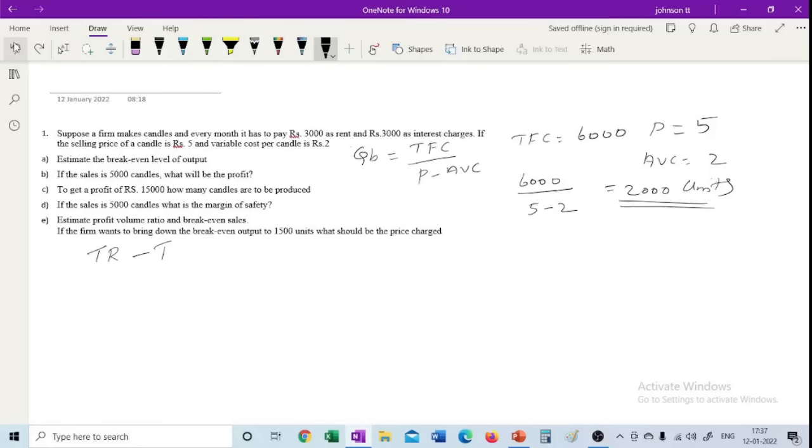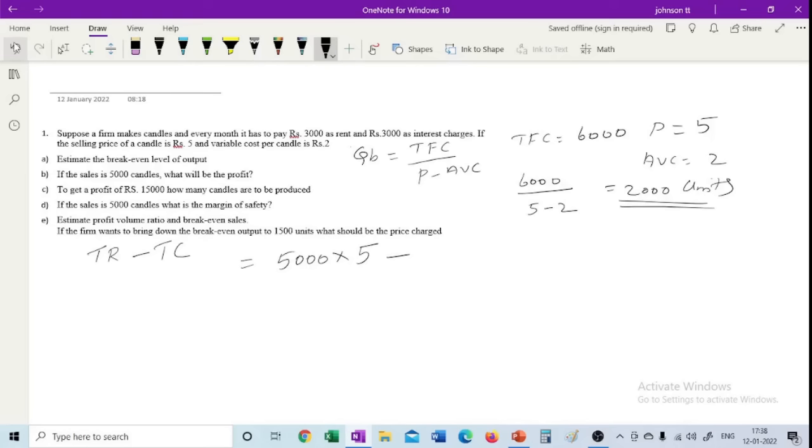So we know that the output sold is 5000 candles or 5000 units. So TR minus TC, that is equal to 5000 multiplied by 5, that is the price, minus TC.